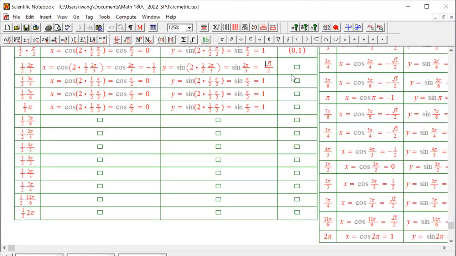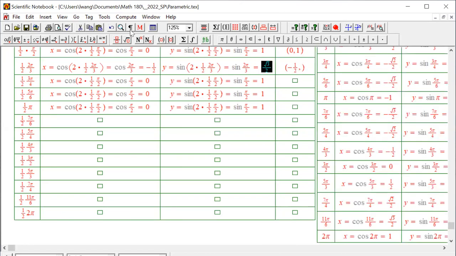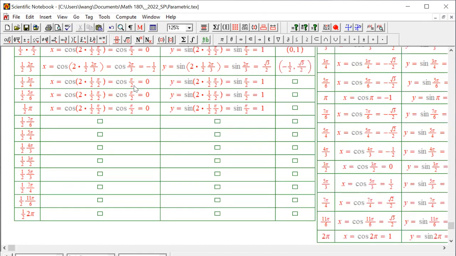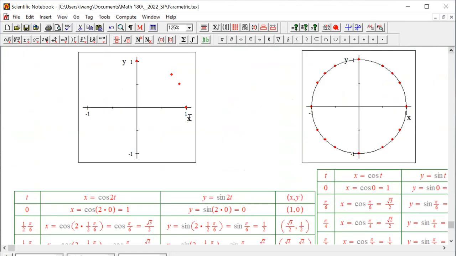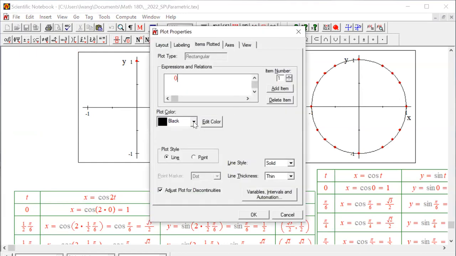Where would this point be? This point is going to be negative half, comma, root 3 over 2, and that point is going to be right there.